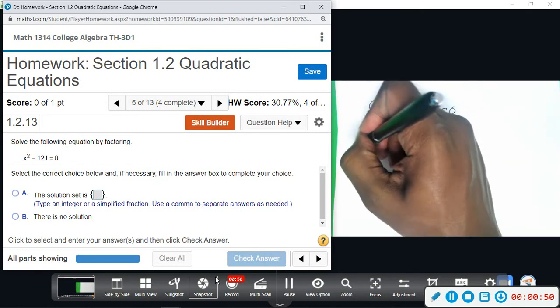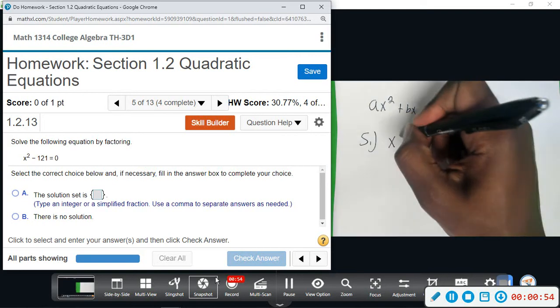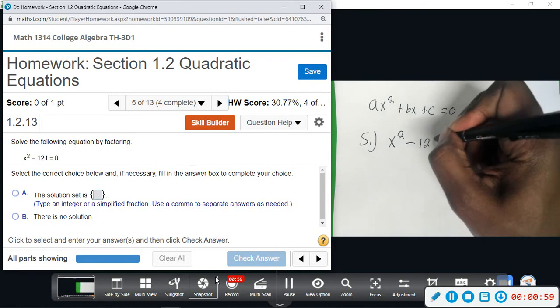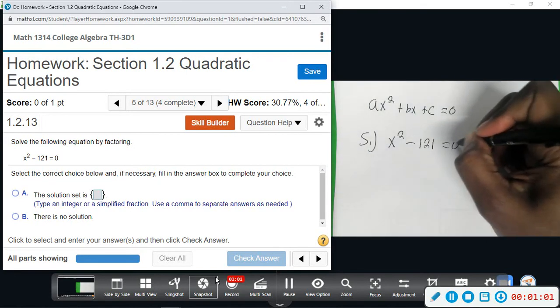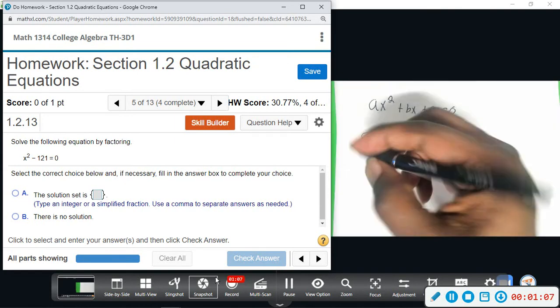So number 5, we have x squared minus 121. This is a special case factoring problem. It is called difference of squares.